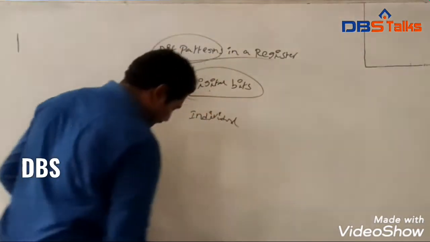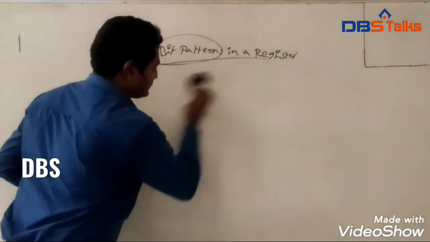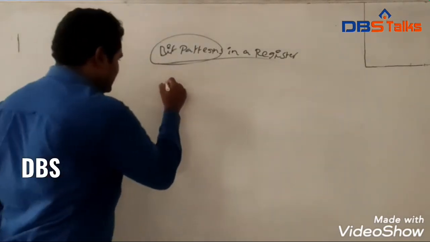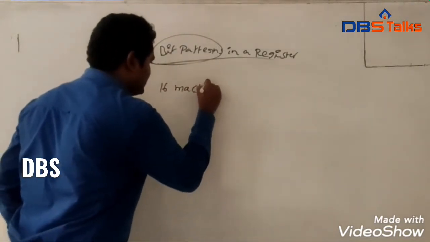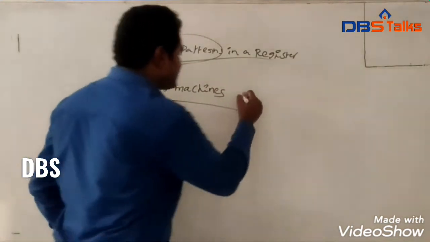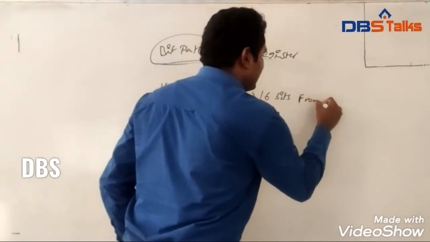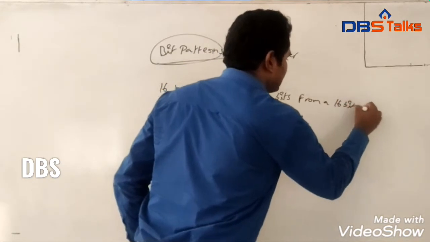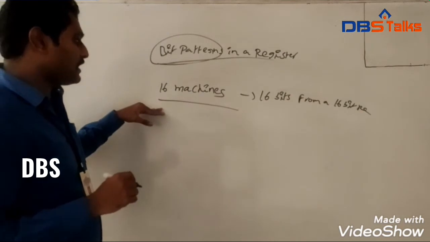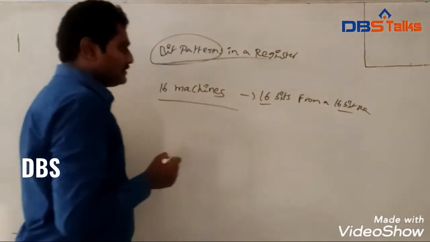Here I am taking bit patterns. For example, if you want to control 16 machines, we have to use 16 bits from a 16-bit register. So to control these 16 machines, we are using 16 bits from a 16-bit register.